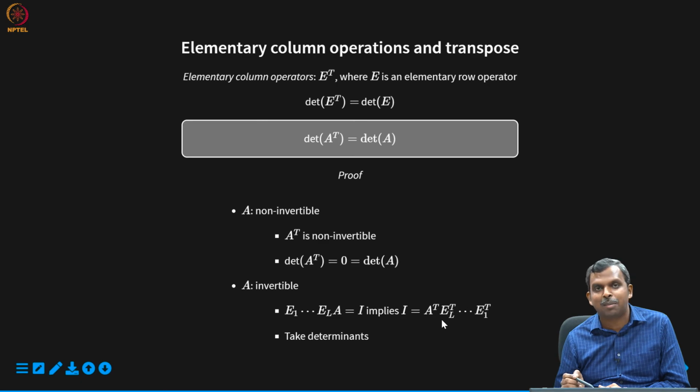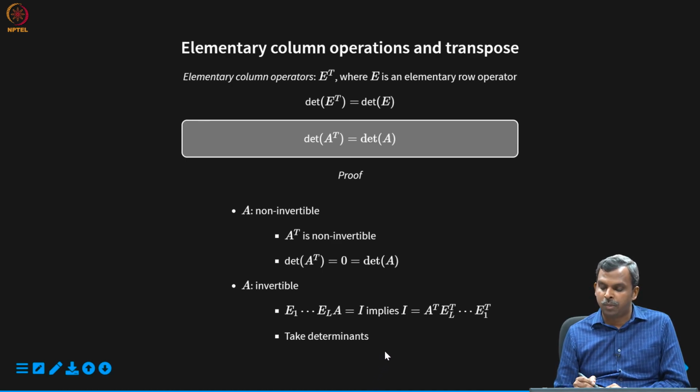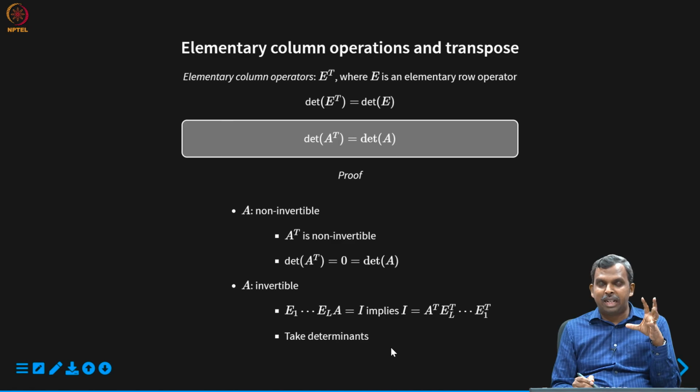All these determinants are the same as determinant of A. So determinant of A transpose and determinant of A are exactly the same. You use this result that determinant of E_L transpose is the same as determinant of E_L, and then you use these two relationships, and you will get the answer. So these powerful properties that determinant has, with respect to product and with respect to transpose, make its calculation very easy, and one can quickly do these things.